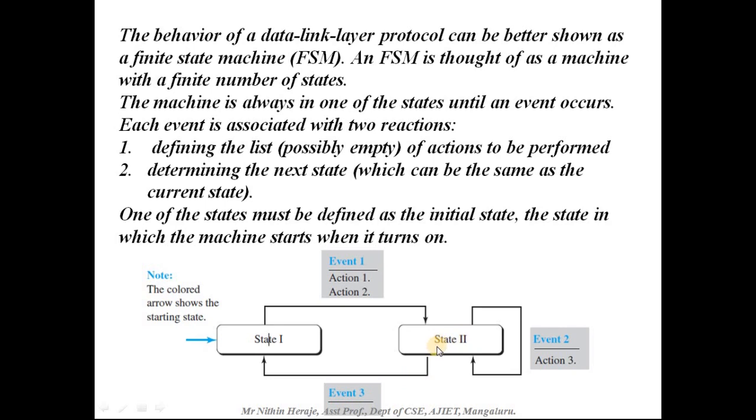It just changes its state from state 2 to state 1. This is what we call a finite state machine, or normally a transition state diagram. Okay, so we'll move on further.